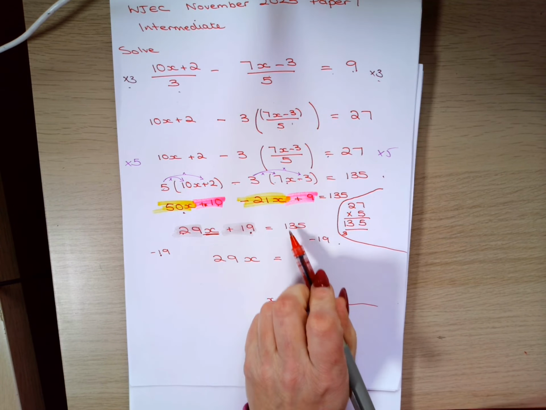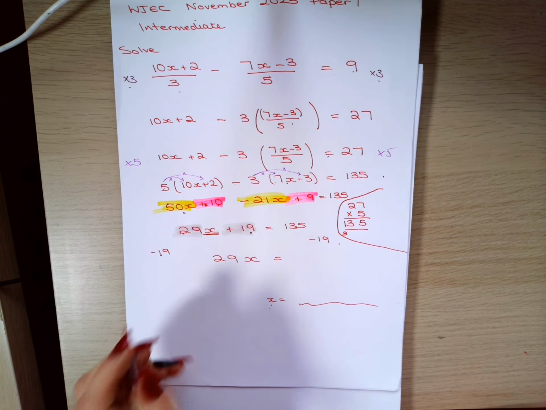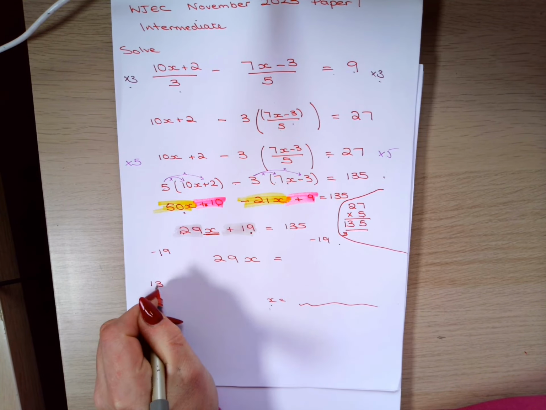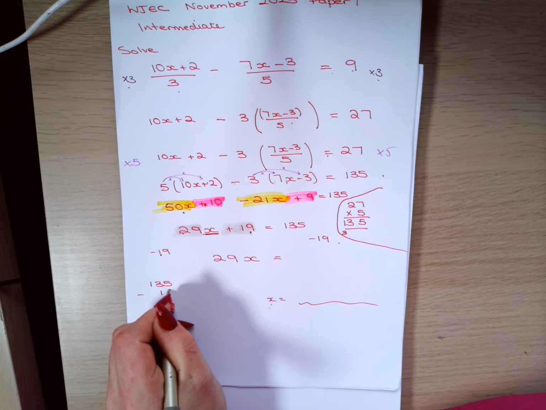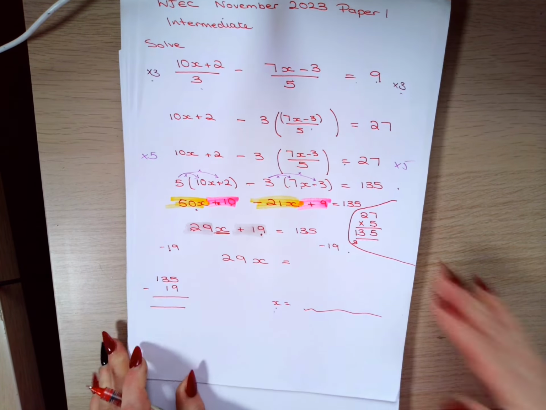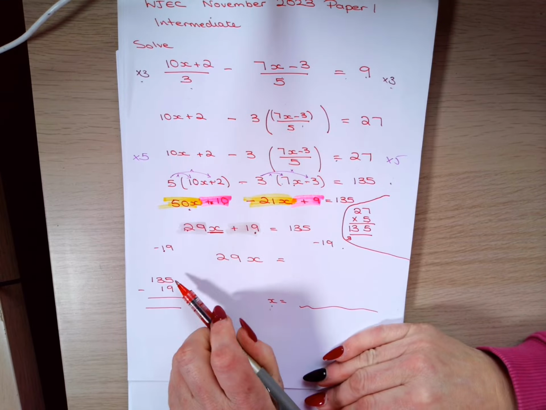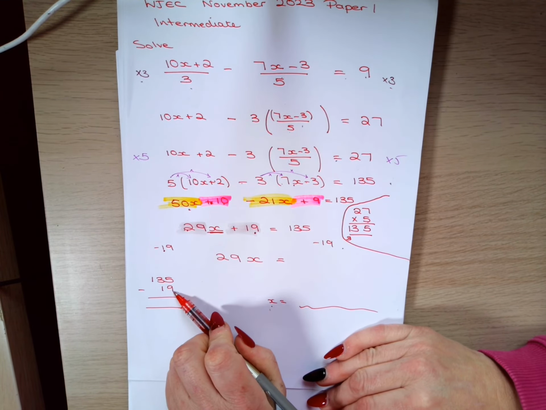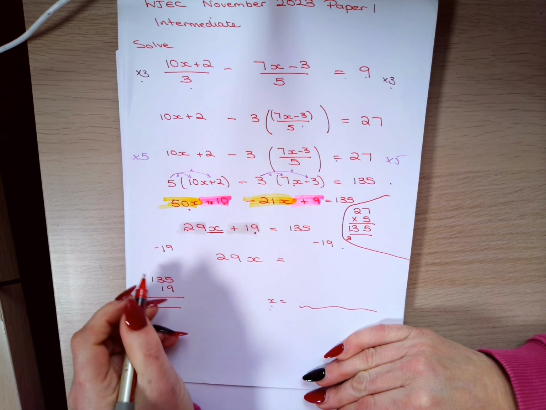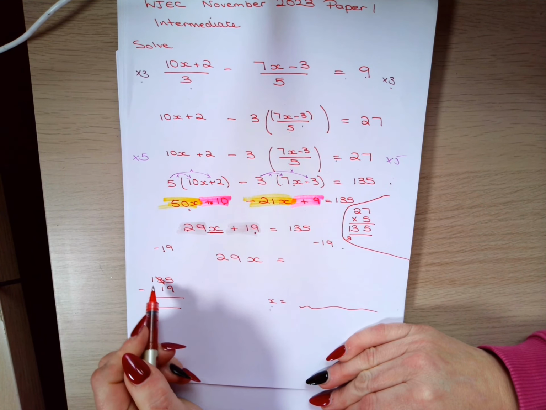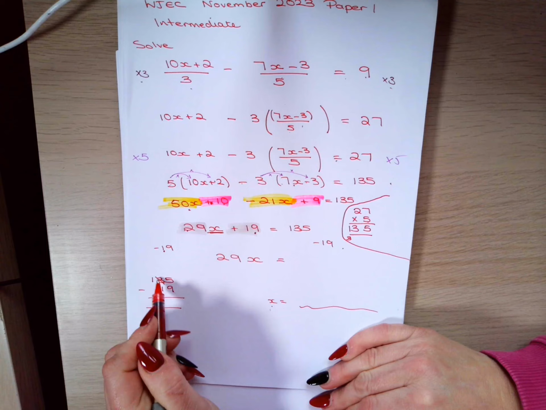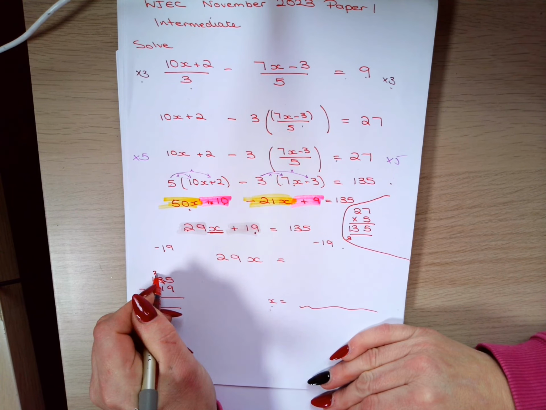And then we're going to do 135 take away 19. And I'm just going to do this here just to make sure we're all okay with subtracting and borrowing and so on. So I'm just going to go through one way of subtracting. So 5 take away 9, can't do it, I haven't got enough. So using this method, what we would do is take 1 from the tens. So instead of having 3 tens, we're now going to have 2 tens.